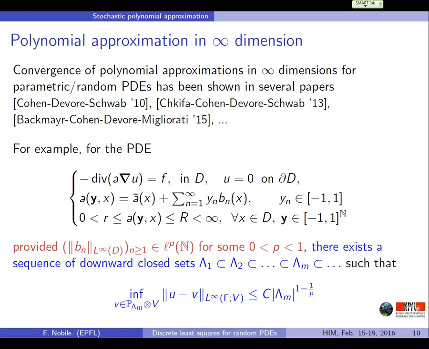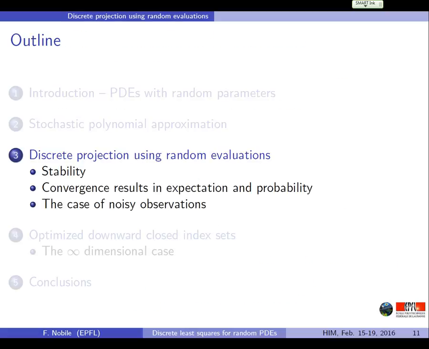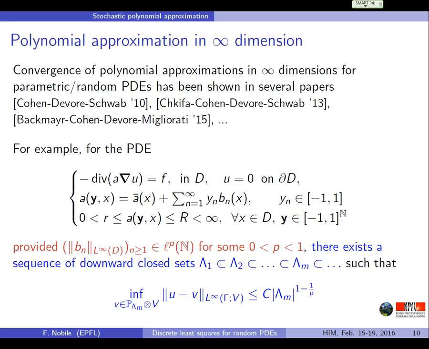When you show this proof, you don't use the downward closedness assumption, but then you realize that to estimate the rate, the sets that you construct are downward closed, basically. So it seems that you don't lose much when you go to this structure here.